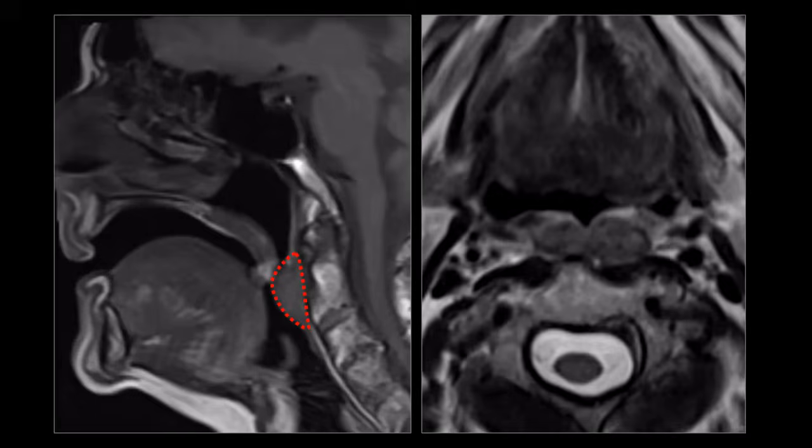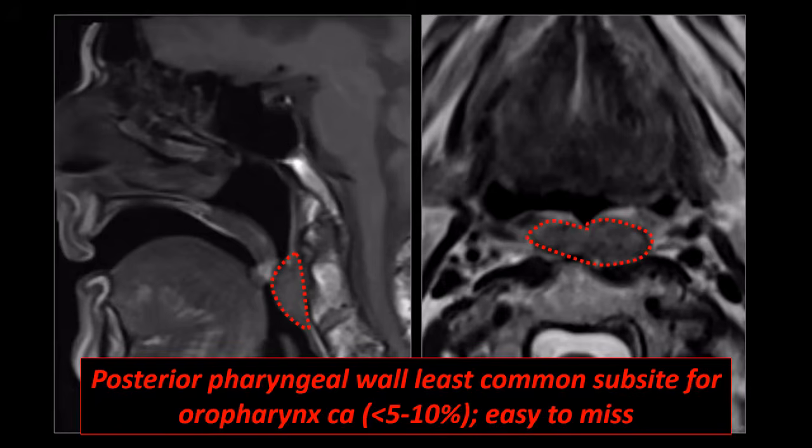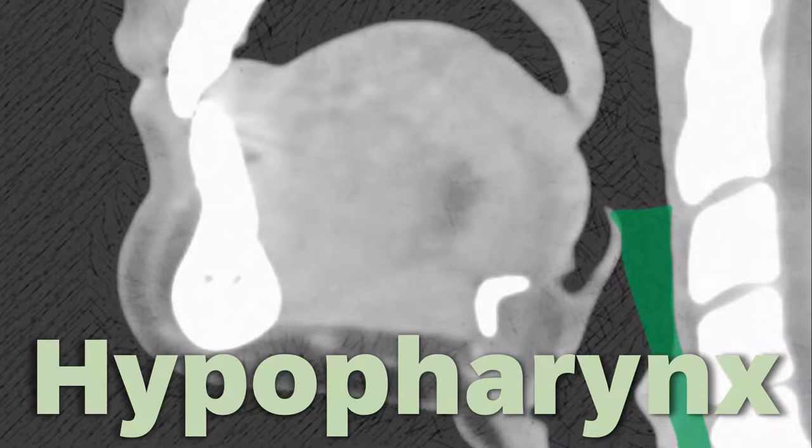So if you see this, this was a squamous cell carcinoma arising from the posterior pharyngeal wall. Because tumors are very uncommon there and well, all tumors start small, they can easily be missed if you do not look for them. So always give the posterior pharyngeal wall a glance when interpreting a CT of the head and neck or an MRI.